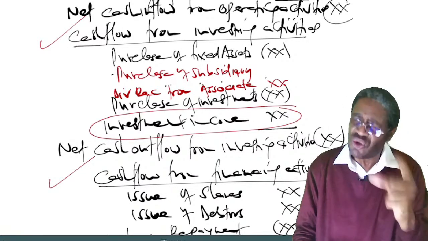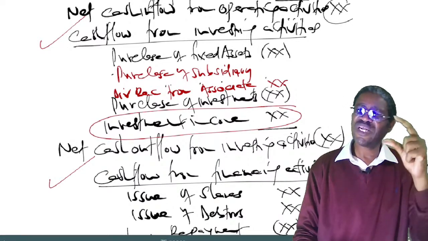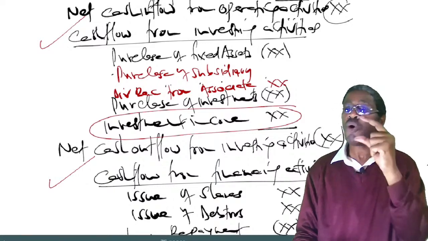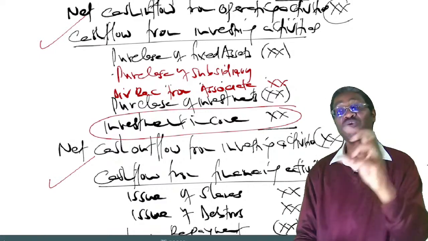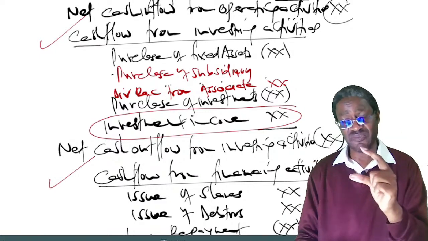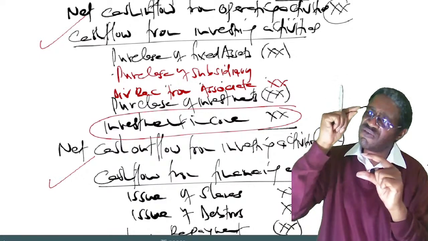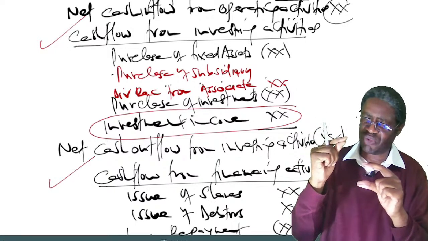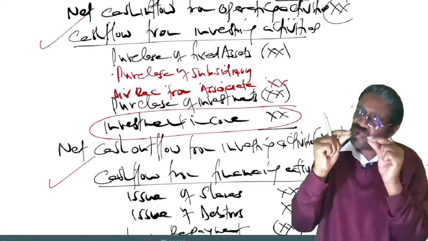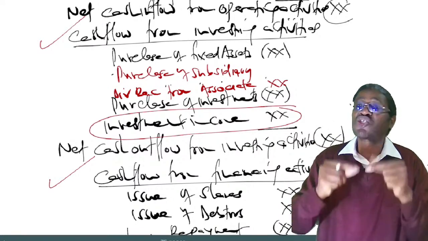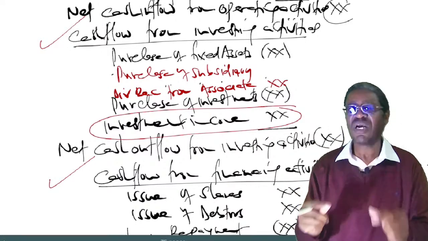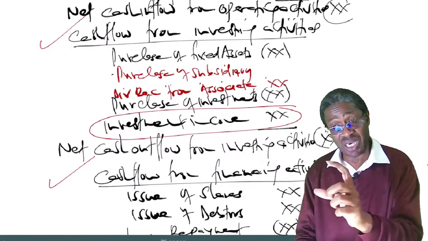But what are we looking for? We are looking for the net cash flow from operating activity. But within the 2560 that we are given as the profit before tax, there is that 200 million, which is an amount that should be classified as an investing activity.